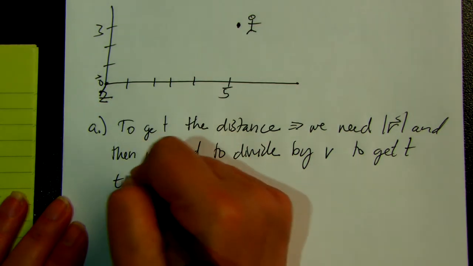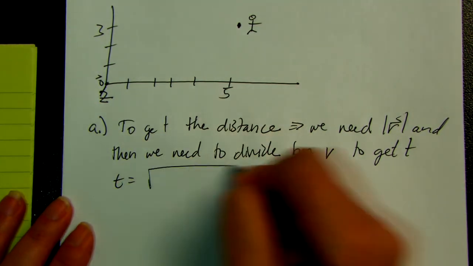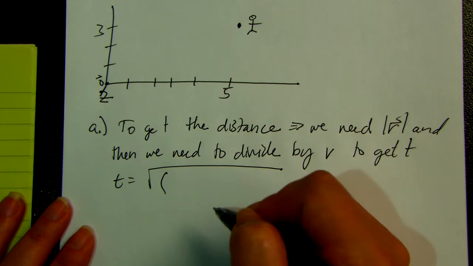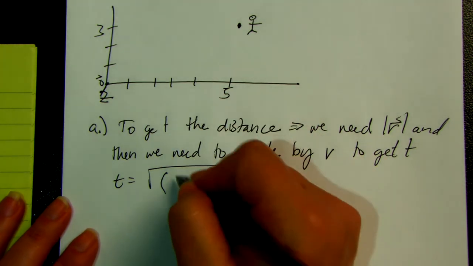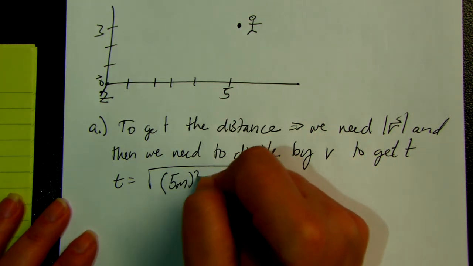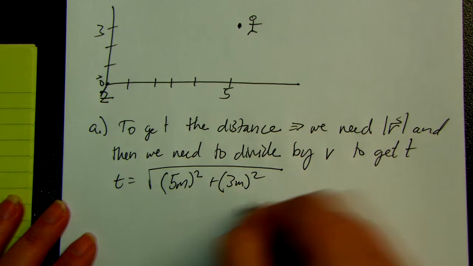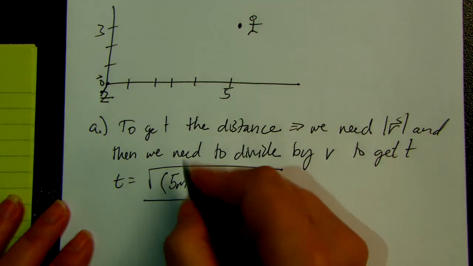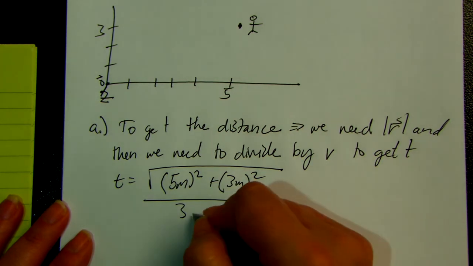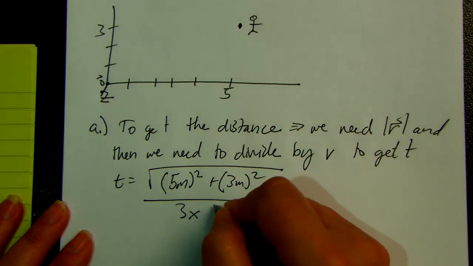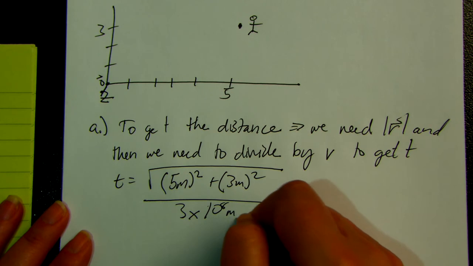So t is equal to, we're just going to do this in one step because we are very good at doing vector magnitudes, the square root of 5 meters squared plus 3 meters squared, divided by our velocity of the field, which is 3 times 10 to the 8 meters per second.